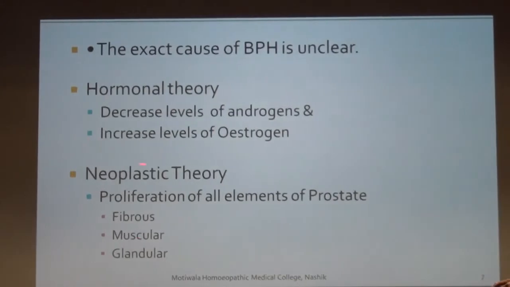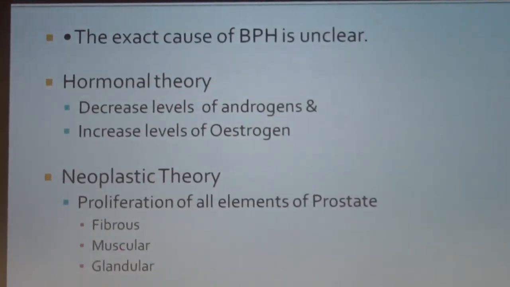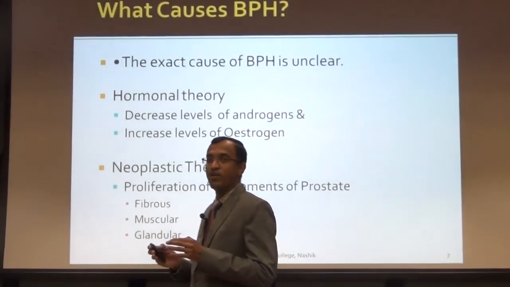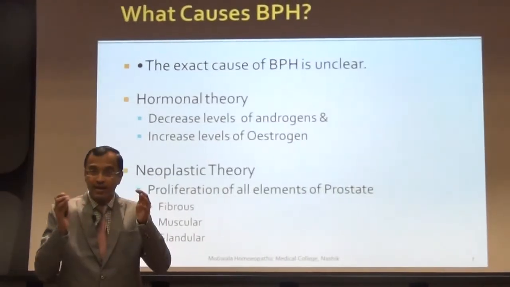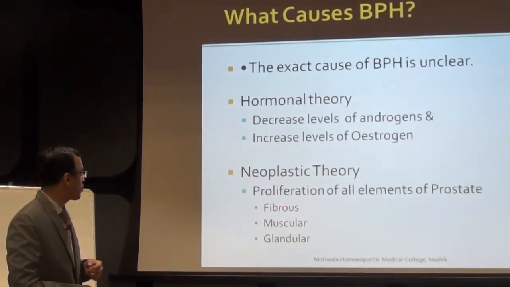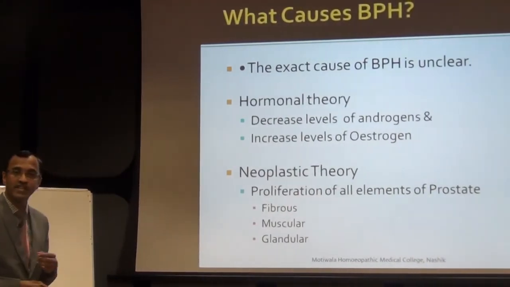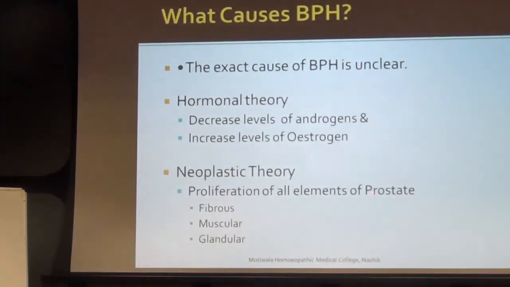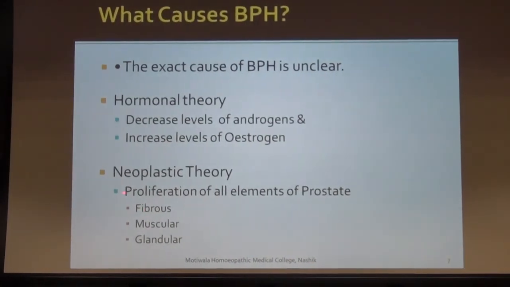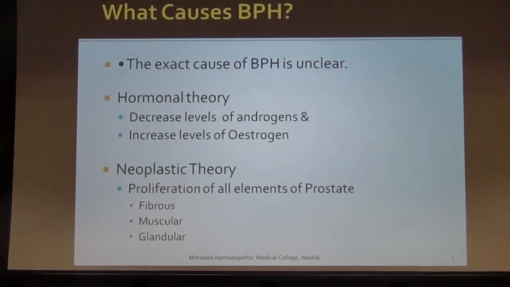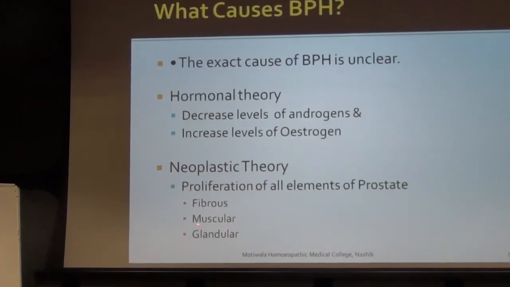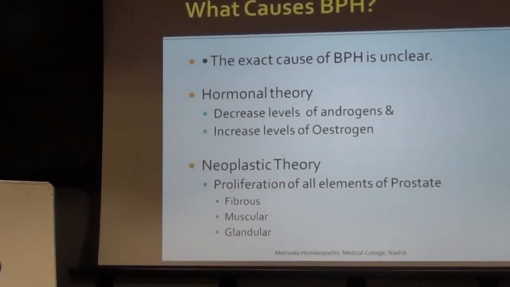This is the key cause a few people have put forth as the reason for the development of the enlarged prostate. Whereas the neoplastic theory talks about a proliferative element at the prostate level. As we have talked about, there are three levels of proliferation: first, fibrous tissue, second, muscular tissue, and third, glandular tissue.